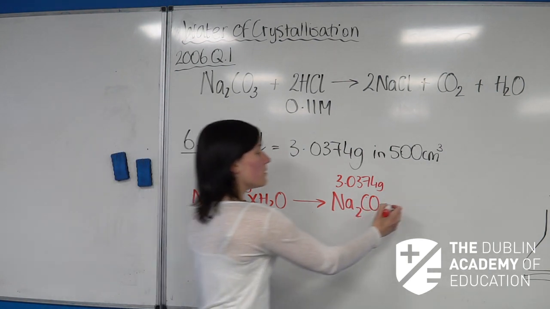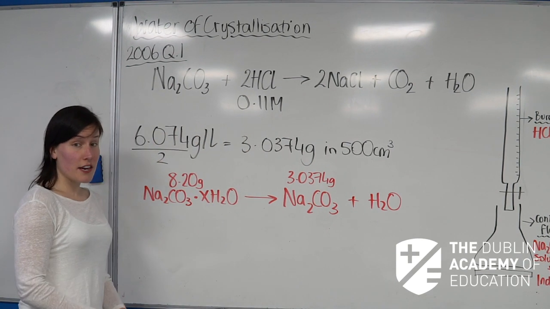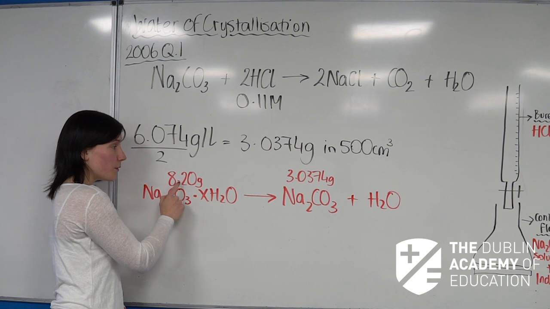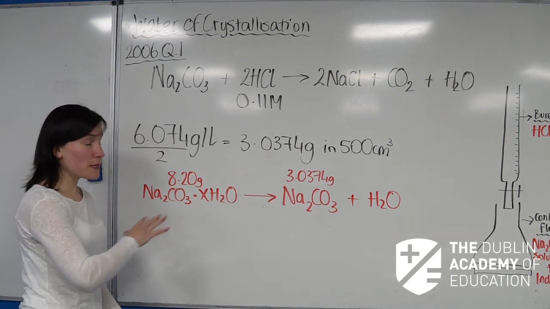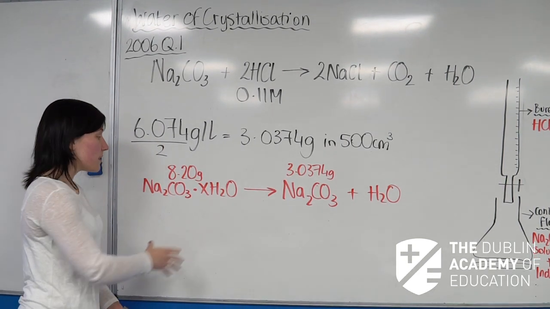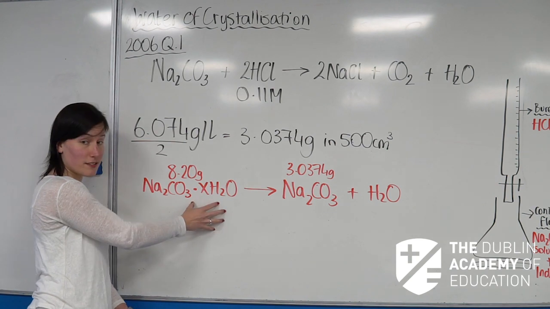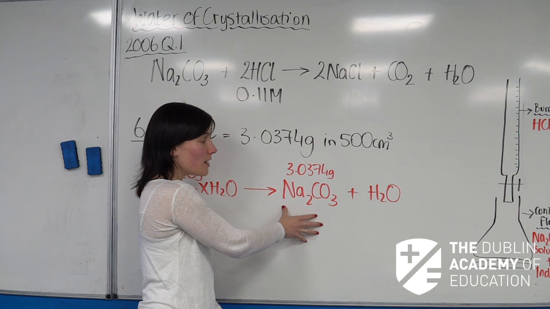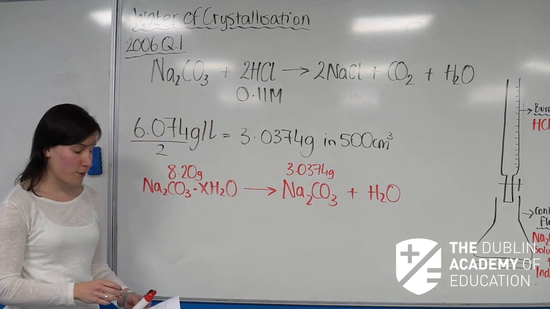So that means that the mass of the water in our hydrated sodium carbonate must be 8.20 minus 3.0374. It has to be the difference between those two figures, because if this is the mass of our hydrated sodium carbonate, the sodium carbonate plus the water, and this is the mass of our sodium carbonate on its own, then we can simply work out the mass of the water by subtracting one from the other.